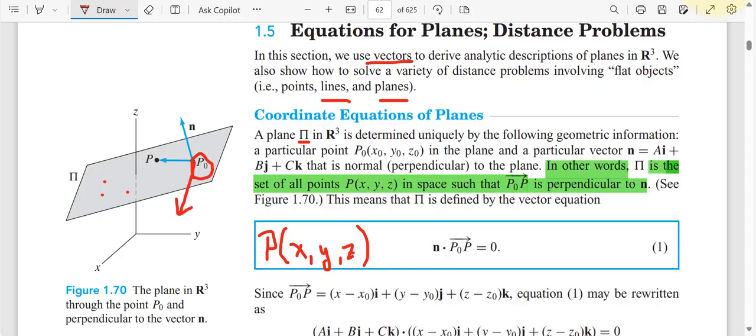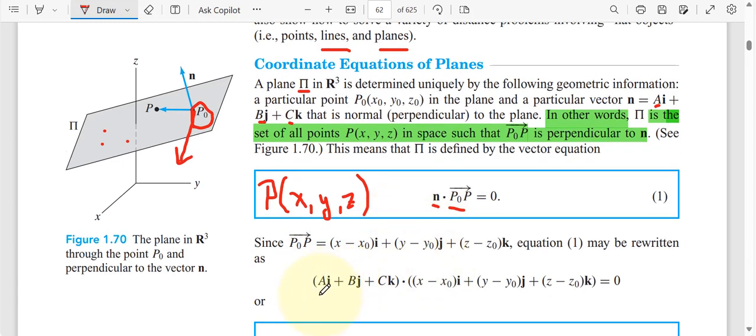Well, n, we didn't point it out, but they said a particular vector n with this as the first coordinate, this as the second coordinate, and this as the third coordinate. So given that that's our n, when we multiply that times what we just said here, this dot this has to be equal to 0.